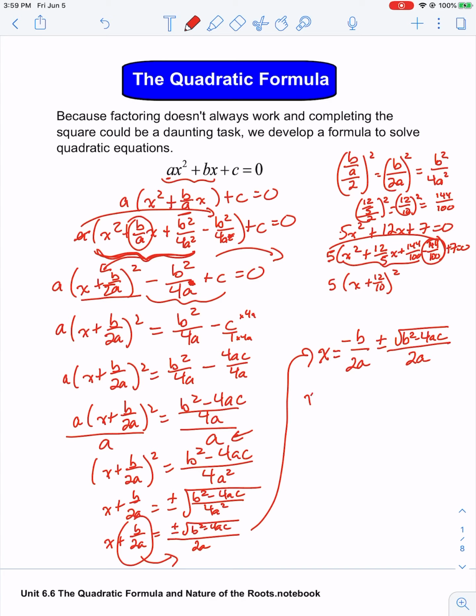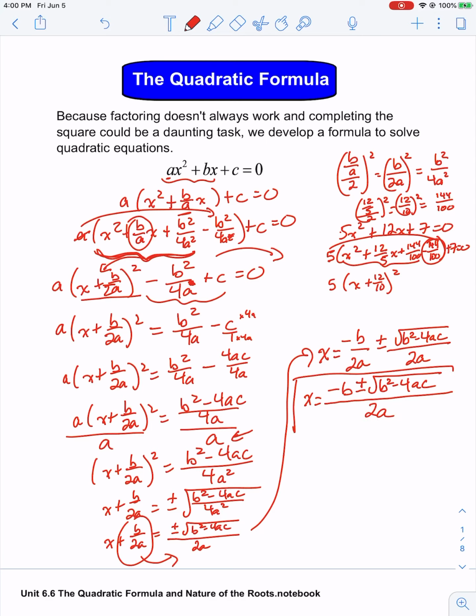Because they have the same denominator, we can put the numerators together and it becomes minus b plus or minus the square root of b squared minus 4ac. So the b squared minus 4ac is all underneath the square root sign, and then the whole thing is over 2a.